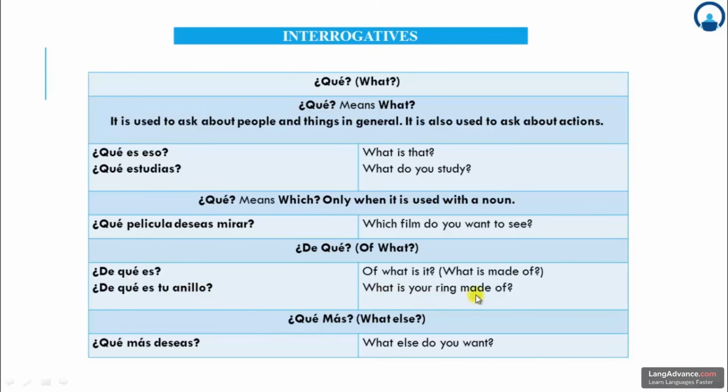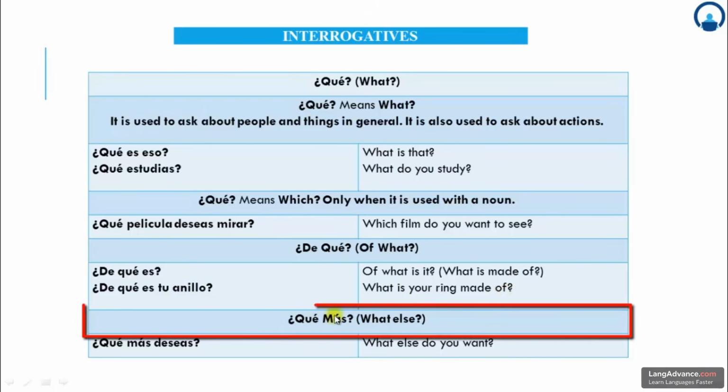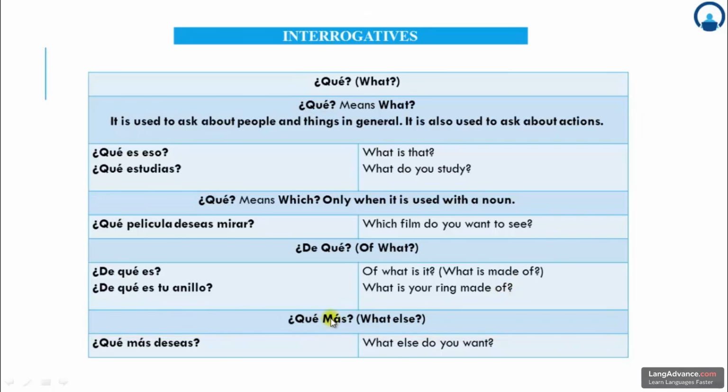What is your ring made of? ¿Qué más? Más literally means more. So it will be what more or what else. ¿Qué más deseas? What else do you want or what more do you want? I hope that you are keeping a note of all this.